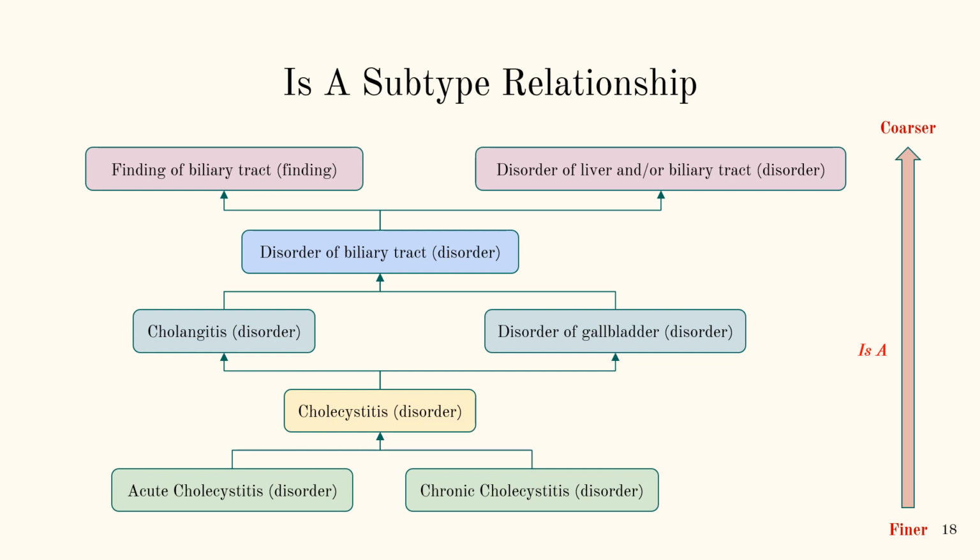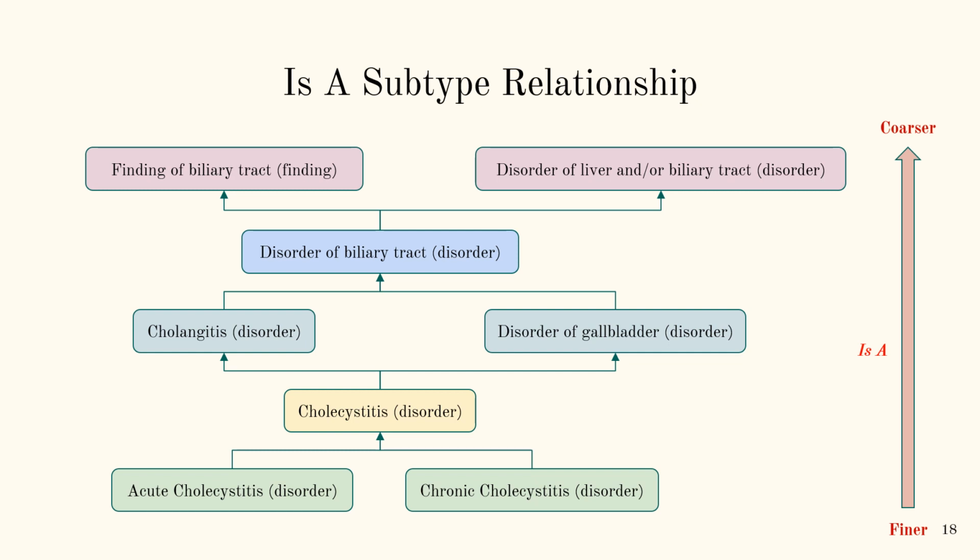Specifically, if we focus on cholangitis and disorder of gallbladder, disorder of biliary tract is their supertype parent, and finding of biliary tract and disorder of liver and/or biliary tract, which are parents of disorder of biliary tract, are their supertype ancestors.